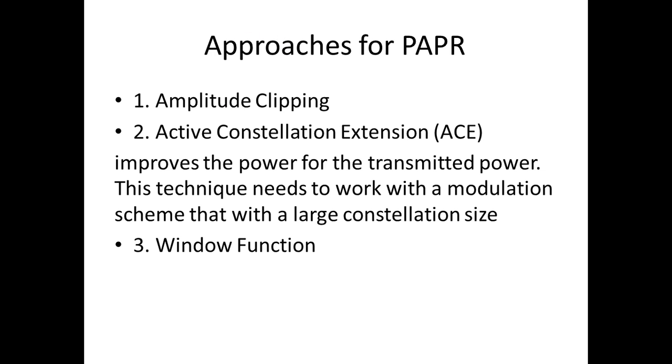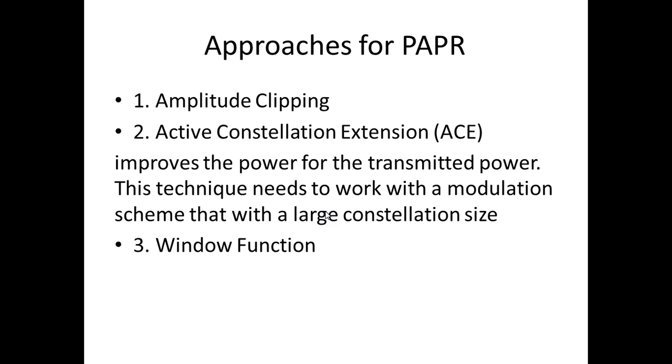But the problem is that this method will cause some distortion. The second approach is active constellation extension, and this method can improve the transmitted power, but this technique needs to work with a modulation scheme with a large constellation size.